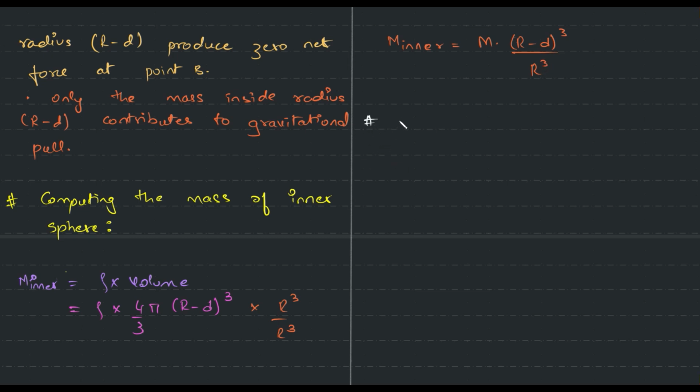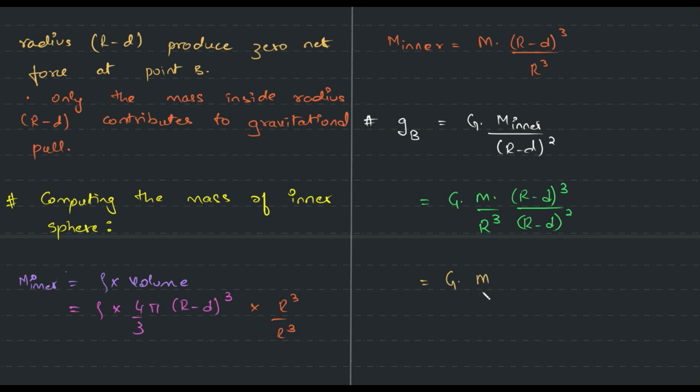And finally, g of b will be equal to G times mass of the inner shell divided by r minus d the whole square. So a bit of rearranging: r minus d the whole cube divided by r minus d the whole square, divided by r cube.